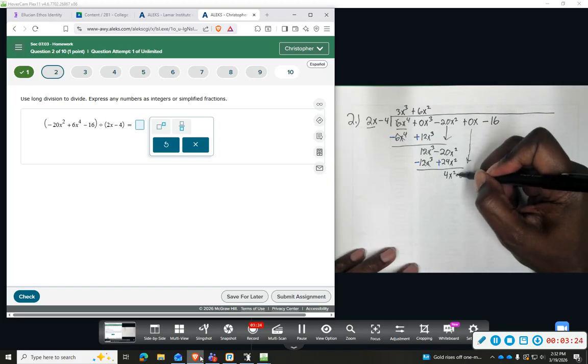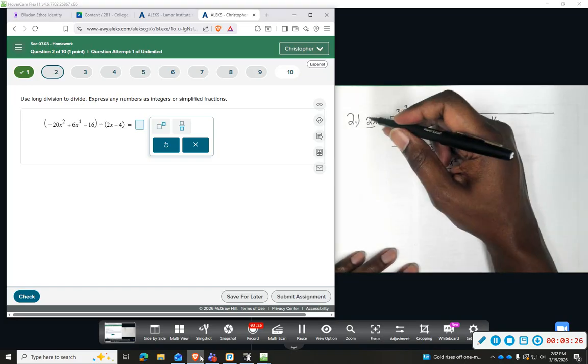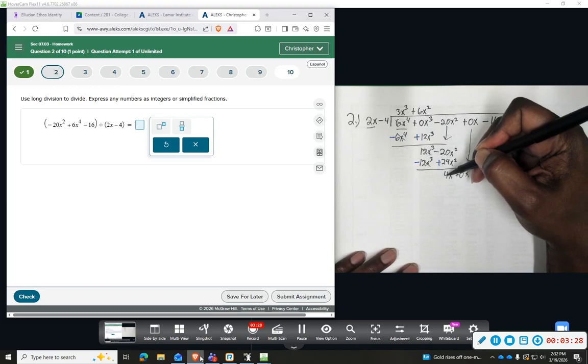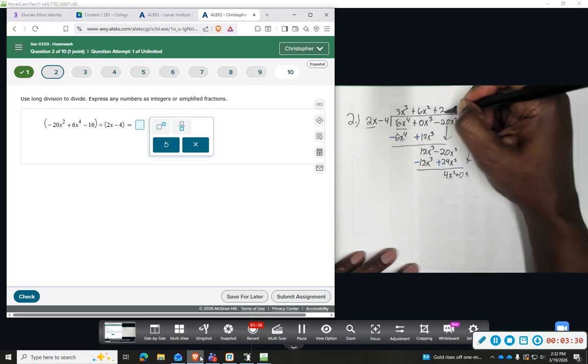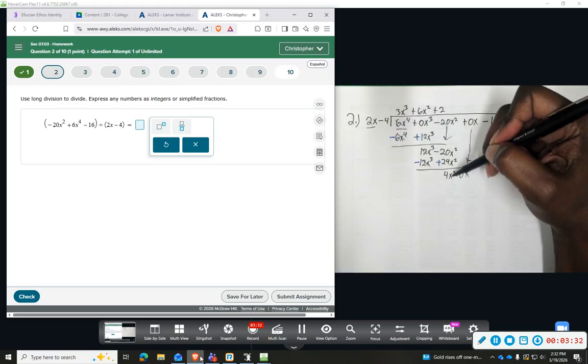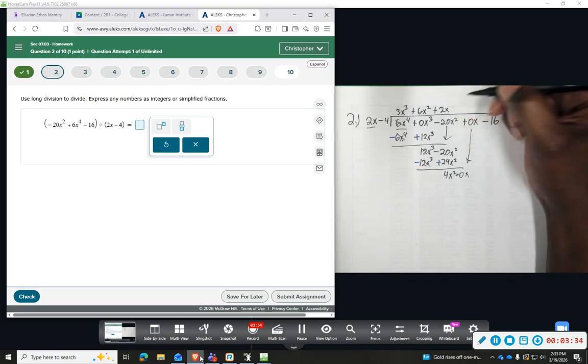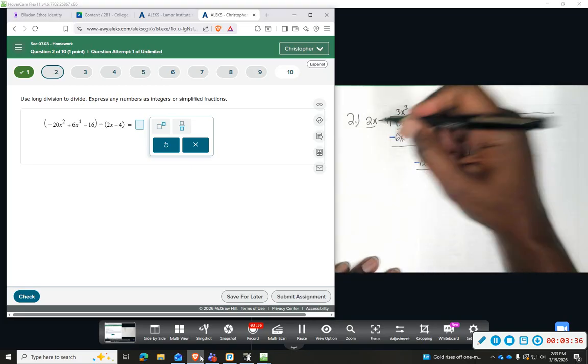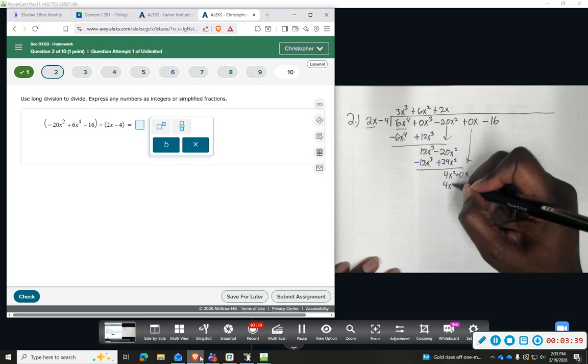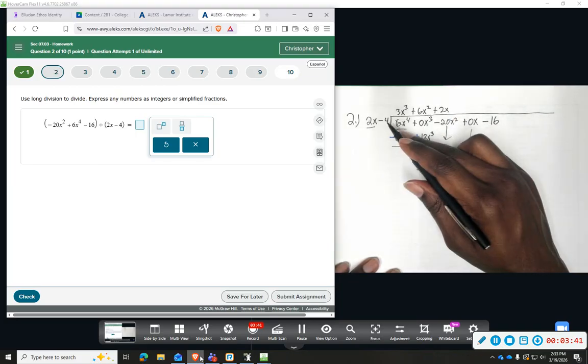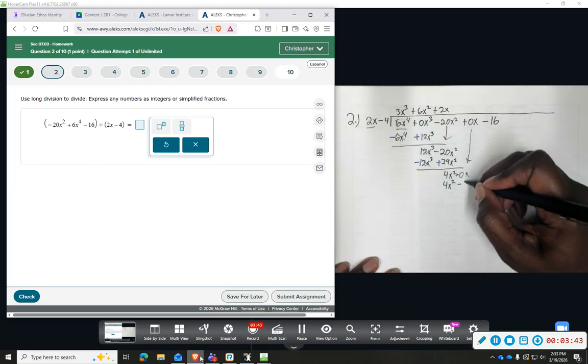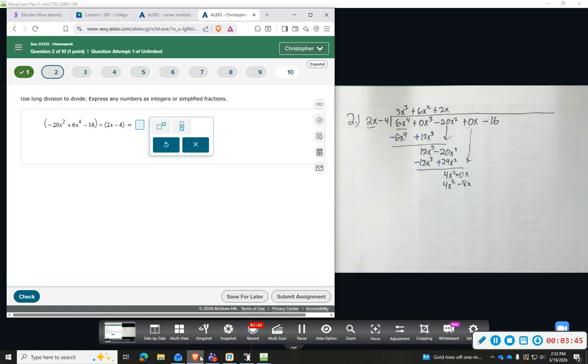0x. And then repeat. 2 times 2 will give me 4. And then we have 1x, we need 2x, so I just need 1 more to make that work. All right, so 2x times 2x, 4x squared, 2x times a negative 4, negative 8x. Change the signs.